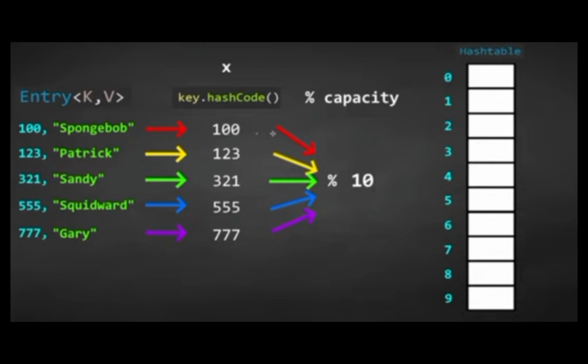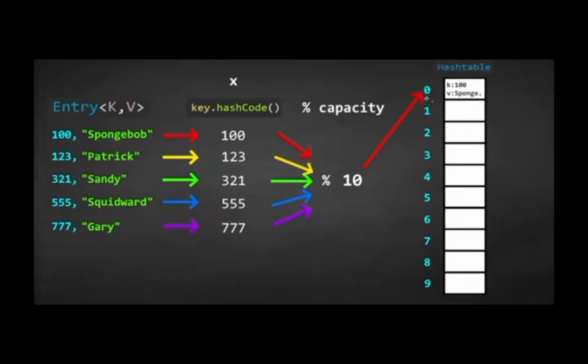We have 10 elements, so each hash is divided by the capacity. We will use the remainder as an index, and to find that, we use the modulus operator. So 100 divided by 10, the remainder is 0. So the SpongeBob entry we will place at index 0.